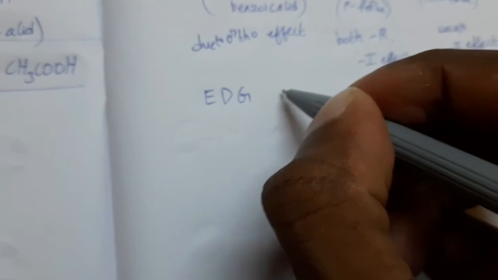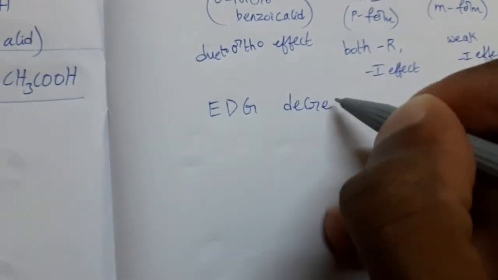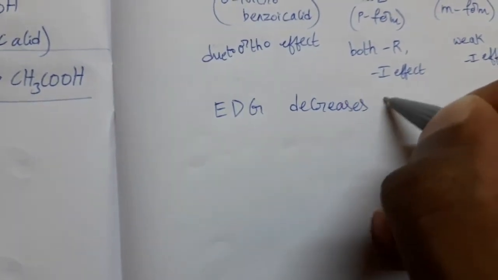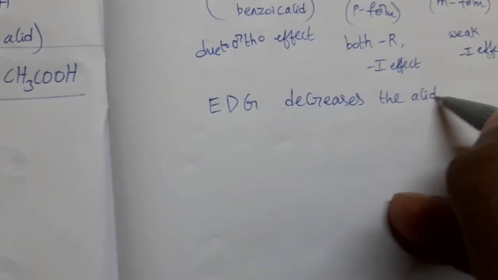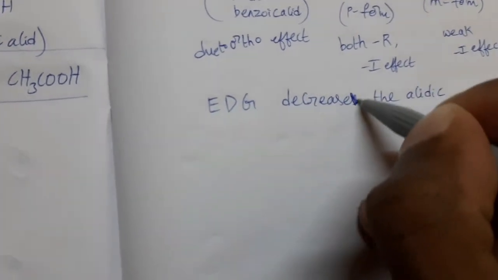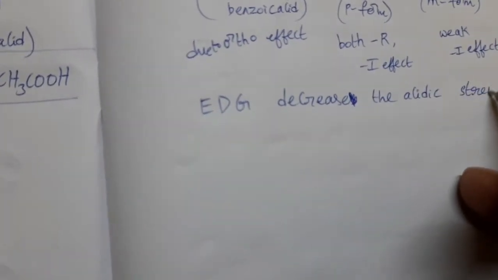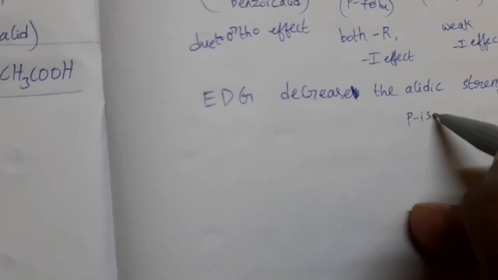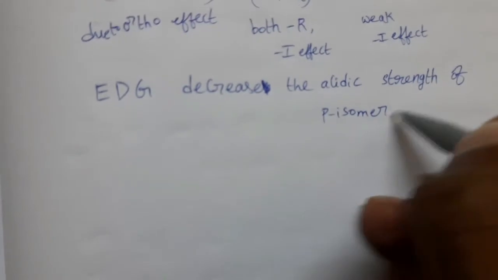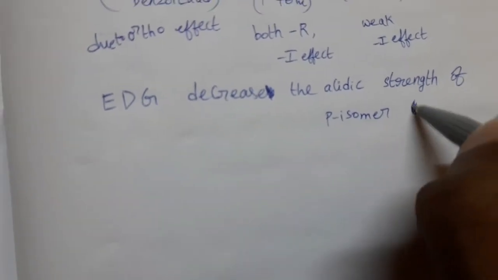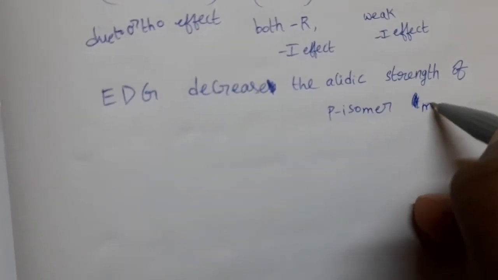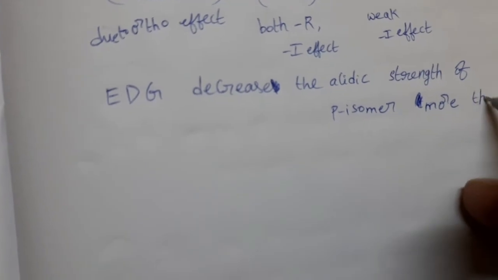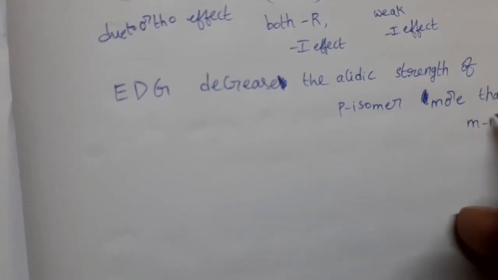Electron donating groups decrease the acidic strength of para isomer more than meta isomer.